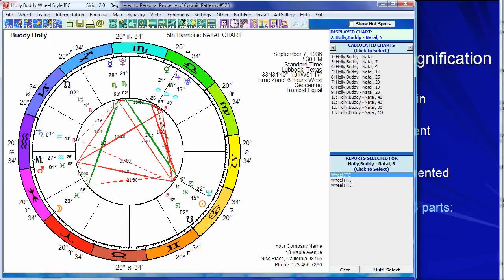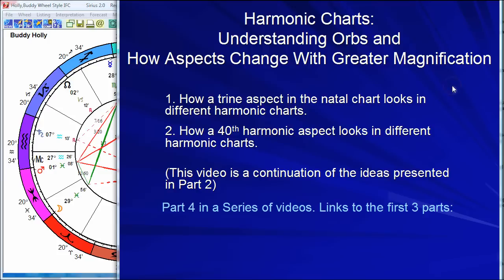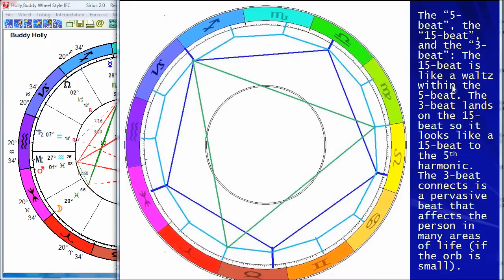I've talked about it, but I want to give you a new visual image for this. Here's my new visual image. You can think of it this way. Think of the fifth harmonic as being a beat, 5 beats in the circle. 1, 2, 3, 4, 5.